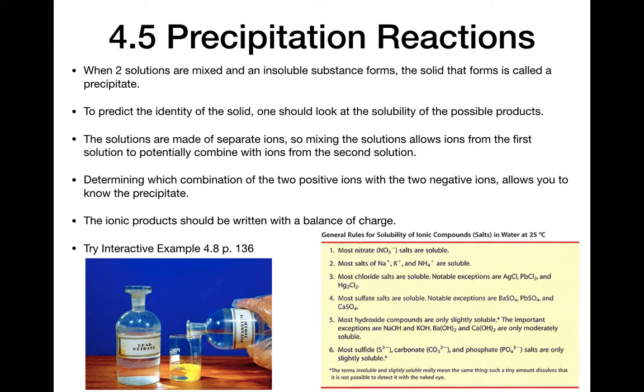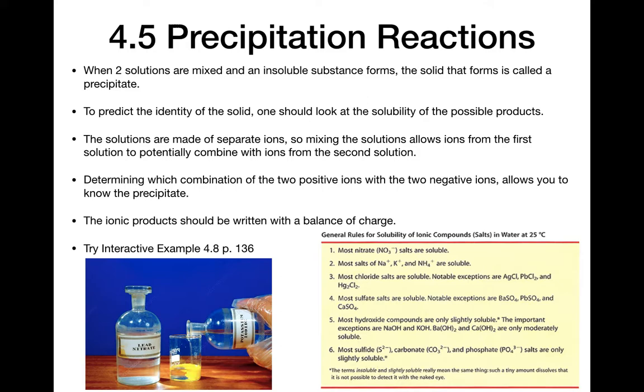And generally that's seen as a color and a cloudiness and maybe a clumping together, the formation of the solid. You should review your rules for solubility. The first two rules will get you about 90% of the questions, and that's realizing that nitrates are always soluble, and that the alkali metals, particularly sodium and potassium ions, and also the ammonium ion, are always soluble.